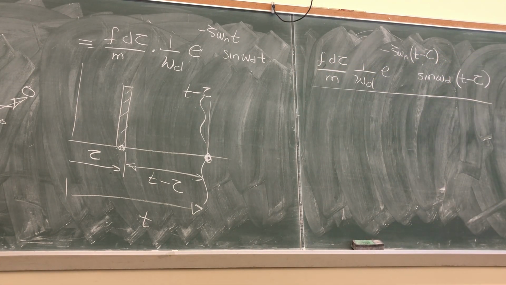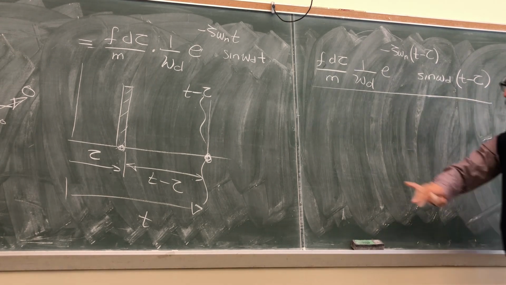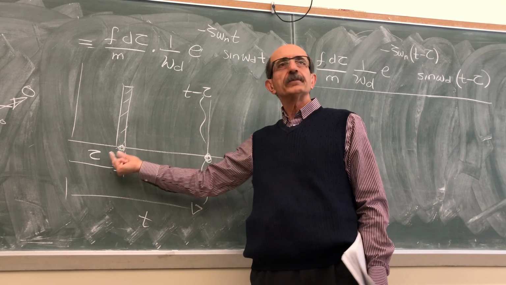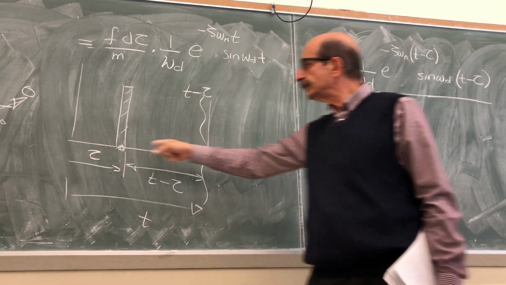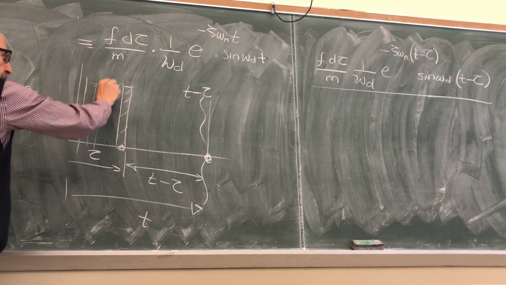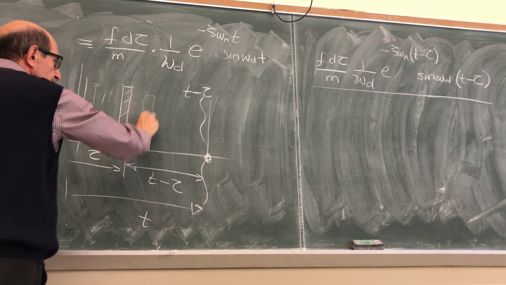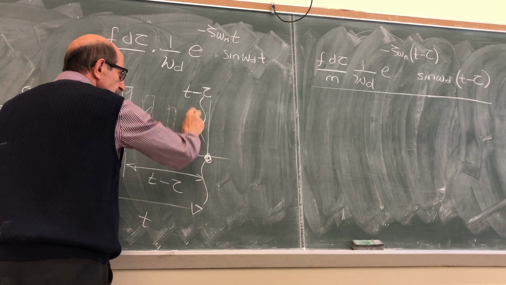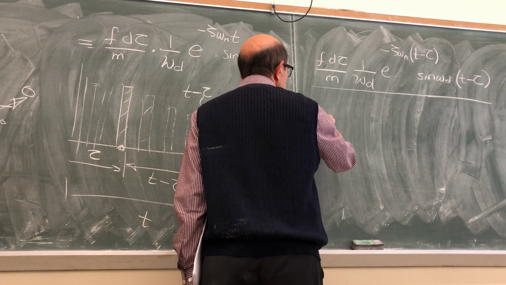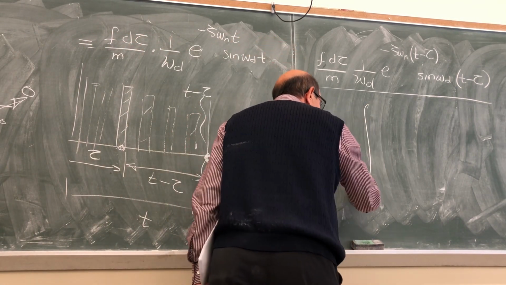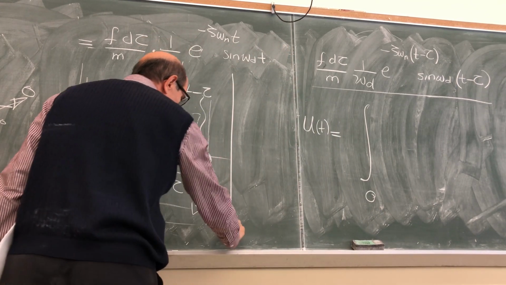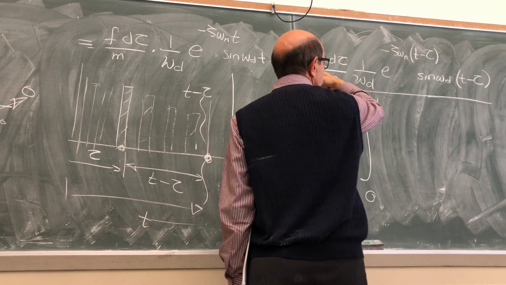But what about this now? We said that this is the response of the system to one of these impulses, right? This can happen anywhere from all the way here to here. So how about if I want to add up the response due to the action of all these impulses? The total response would be the integral from 0 all the way to any arbitrary time t of this.